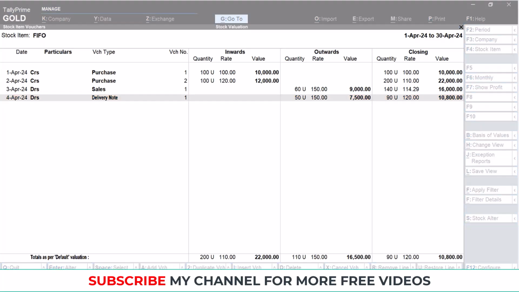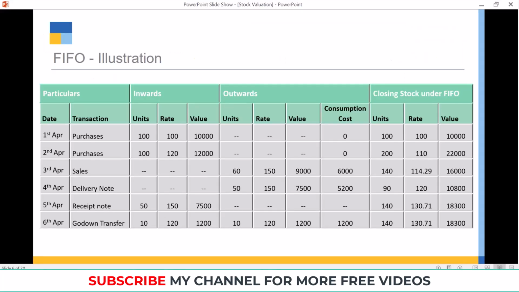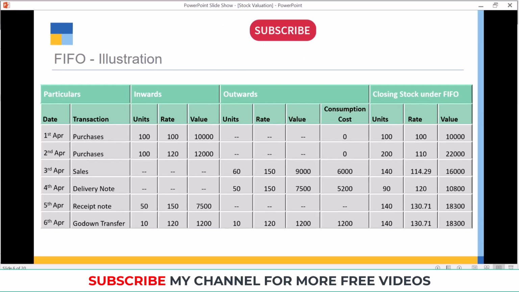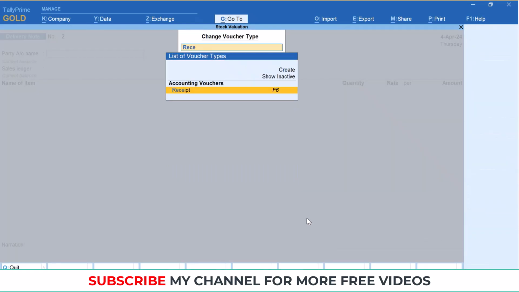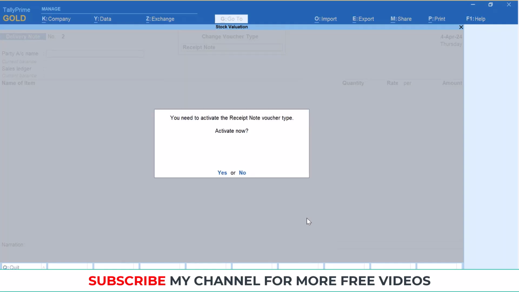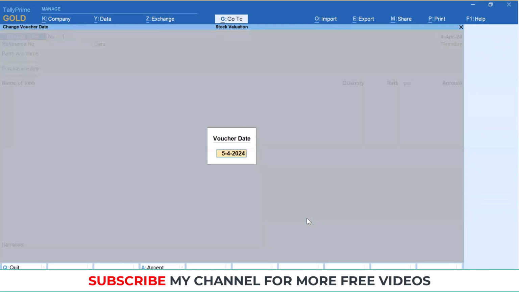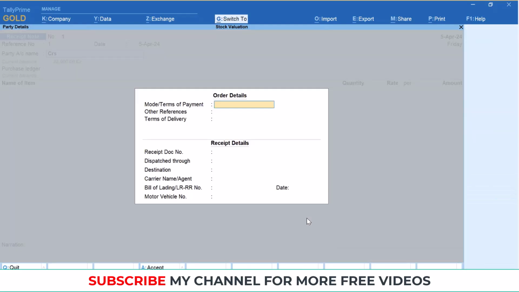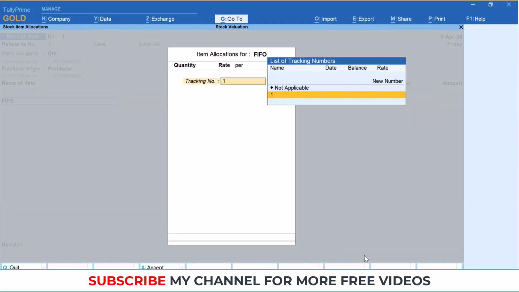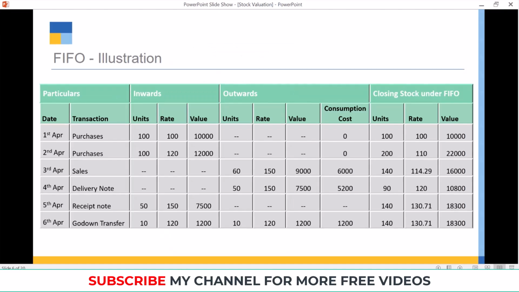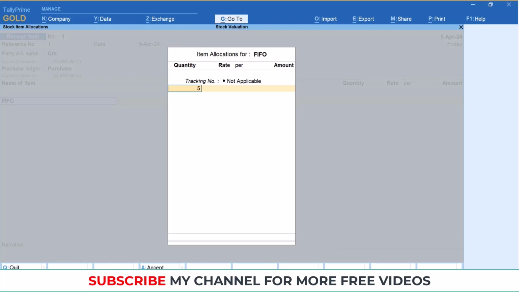Okay, and next. Moving to the next illustration, that is of receipt note, 50 into 150 each for 7,500. So we are passing a receipt note, where input is 50 into 150 each.